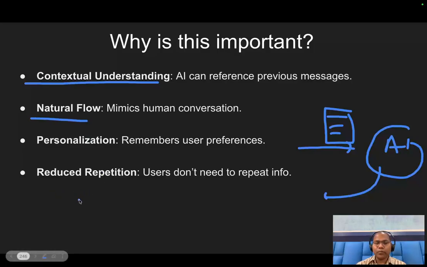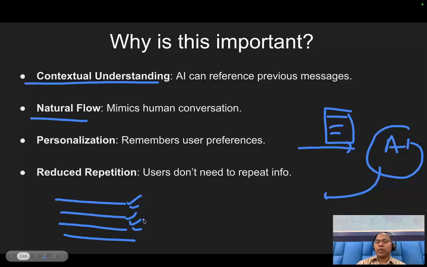From the application point of view, you can very naturally ask a question, then the next question, again the next question, and our AI knows my previous requests and responses. So whatever next response we get is always refined with the help of your context.